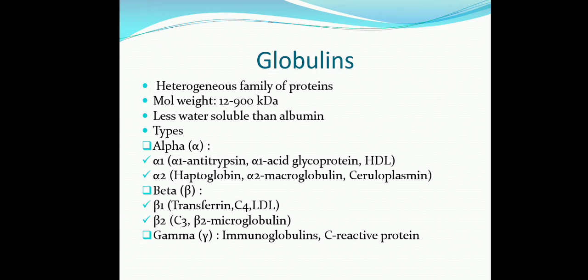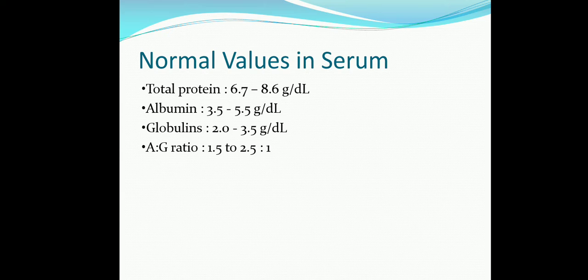All these are examples of globulins. The normal values: total protein ranges from 6.7 to 8.6 grams per deciliter, albumin 3.5 to 5 grams per deciliter, globulin 2 to 3.5 grams per deciliter. The AG ratio comes out to be 1.5 to 2.5 is to 1.